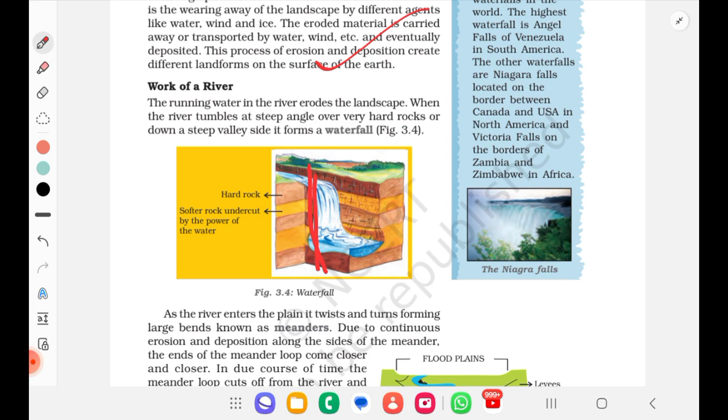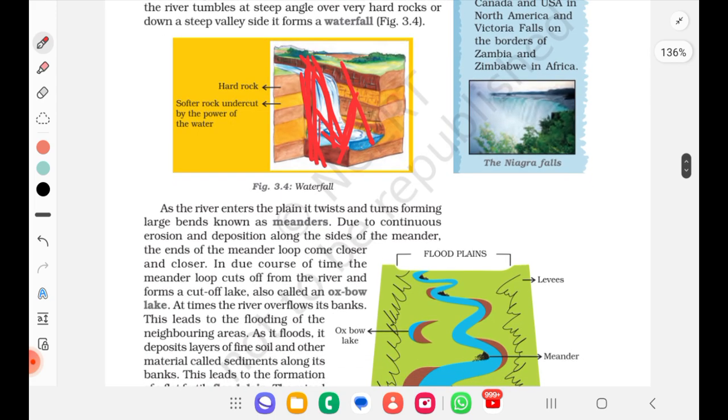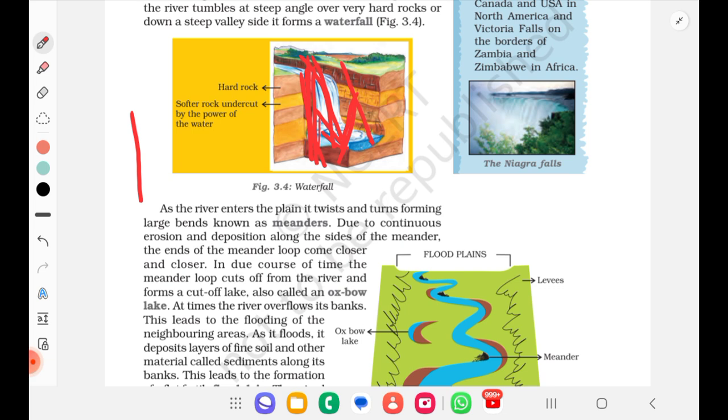Steep is like sharp. We already read the term steep in the past chapters when we were talking about what a mountain is. A mountain will have a steep slope and they also form valleys. So at the steep valley side, we see waterfalls.